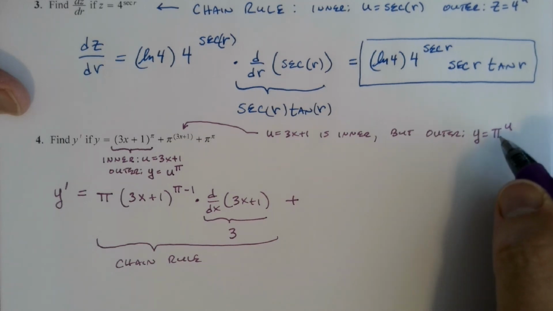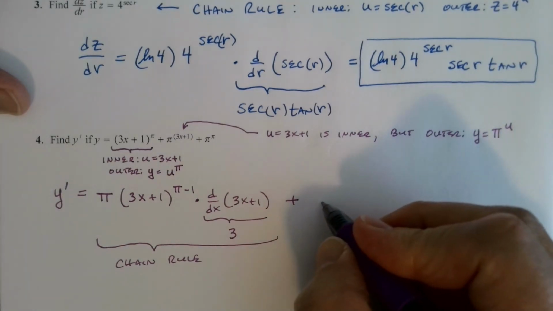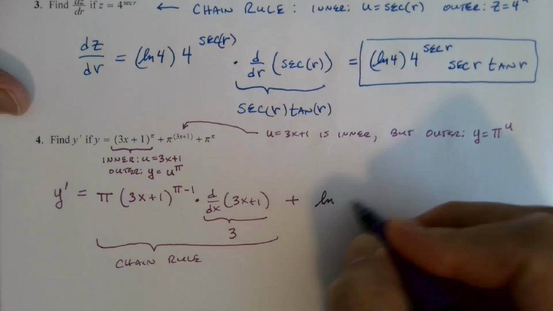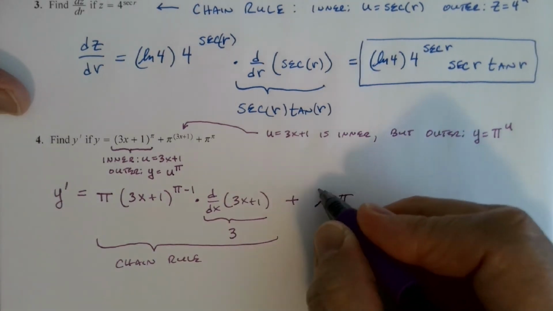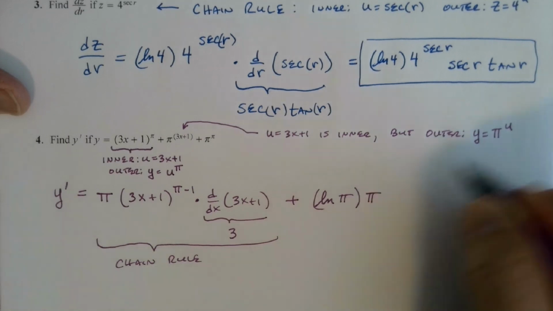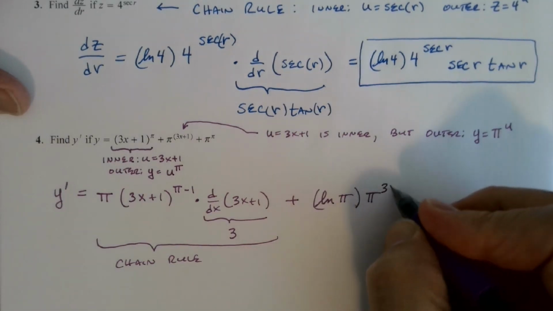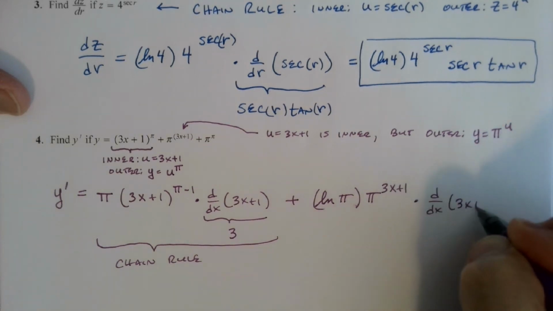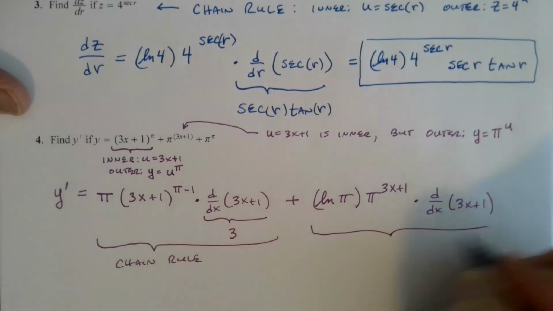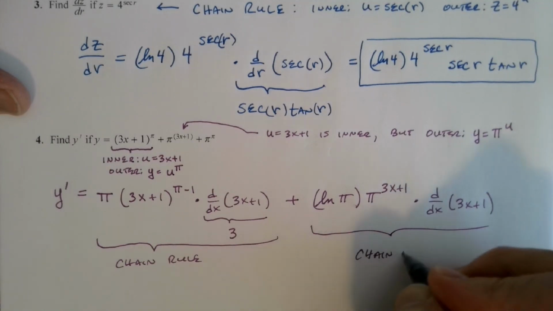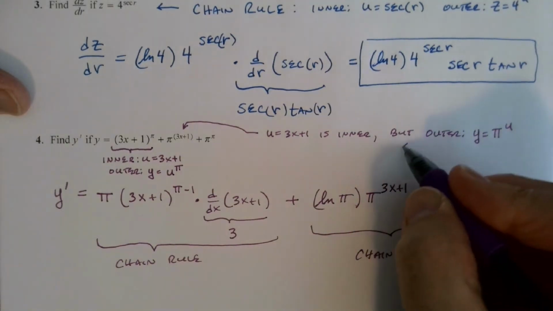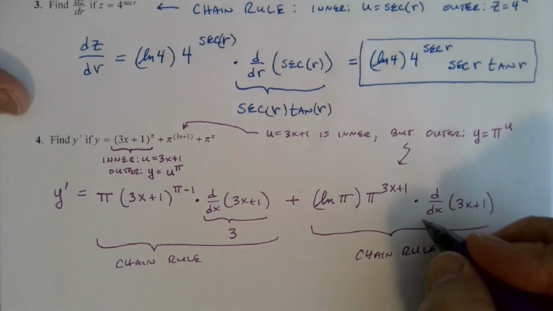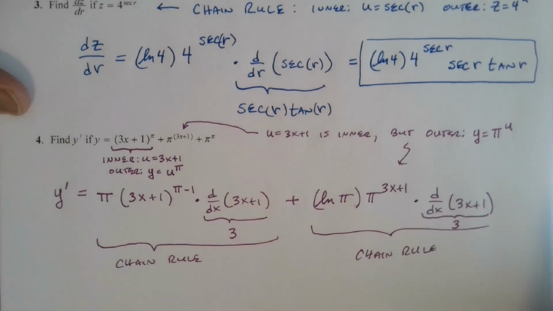This is general exponential, like a to the x. This is a fixed base to a variable exponent. So that's going to be our new rule. It's the natural log of the base, which is pi, times pi to the u, and what's u? 3x plus 1, times the derivative with respect to x of 3x plus 1. So here's chain rule now for this one. Of course, this derivative is just 3.